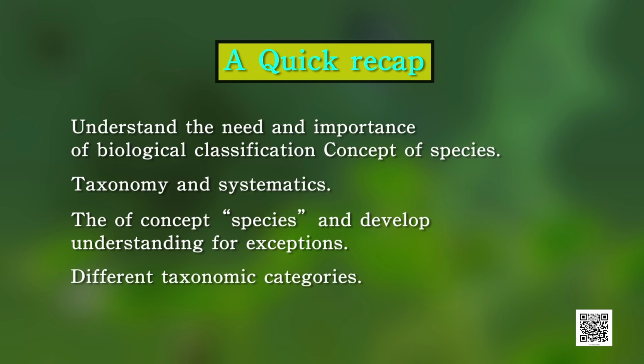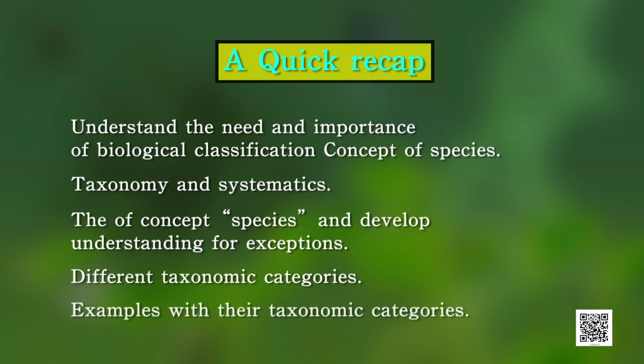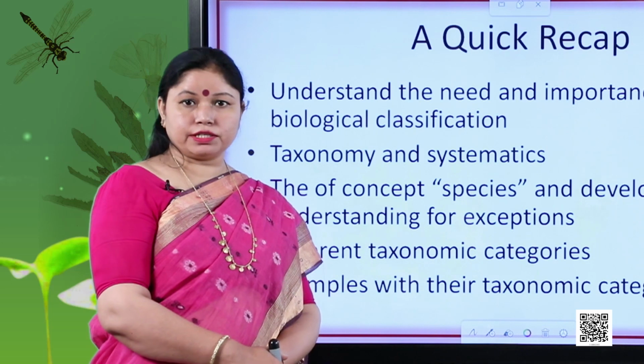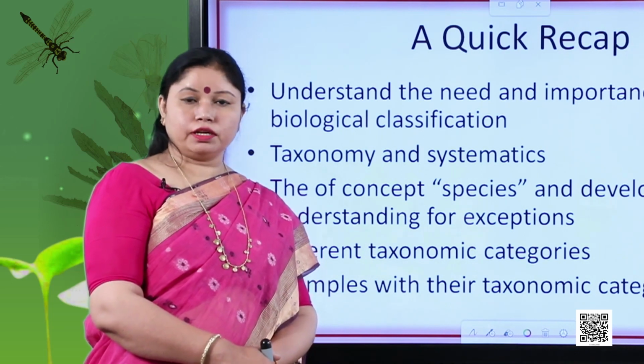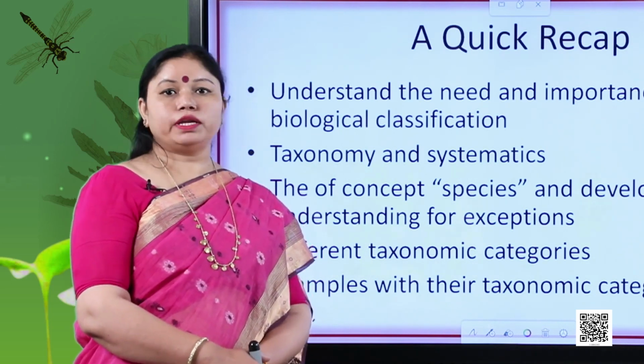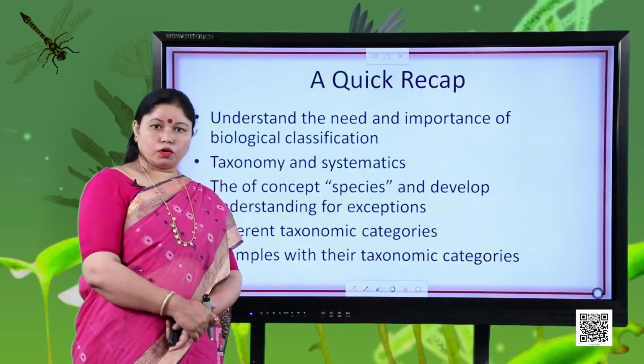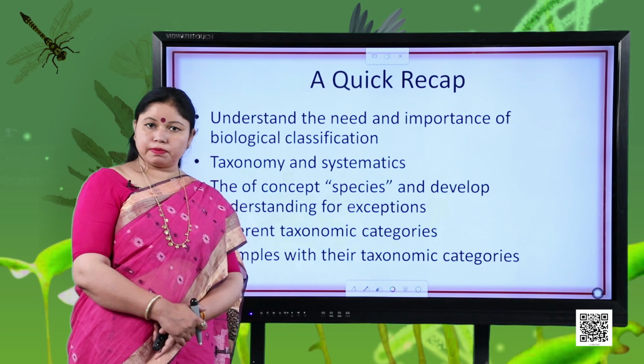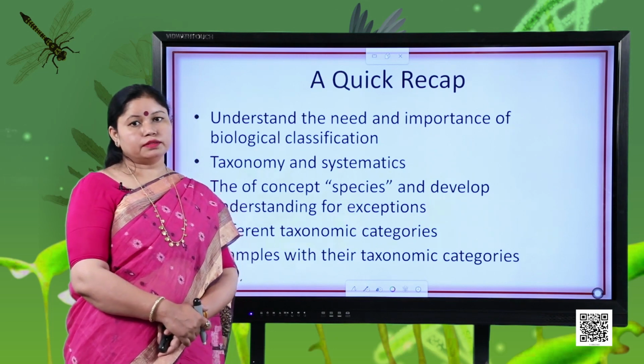We also learnt various taxonomic categories. We also understood these taxonomic categories with the help of various examples. That was all for today's session. In the next session, you will learn about various taxonomical aids, how they are used in identification of various plants and animals. Thank you.